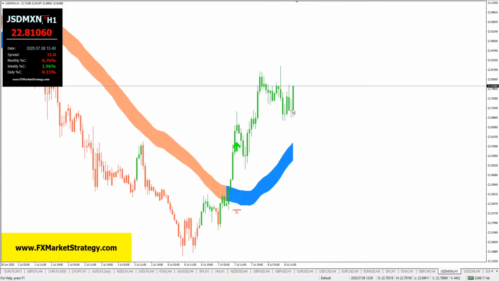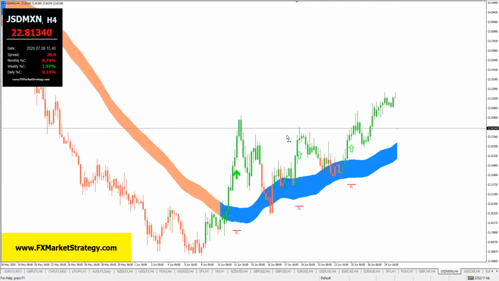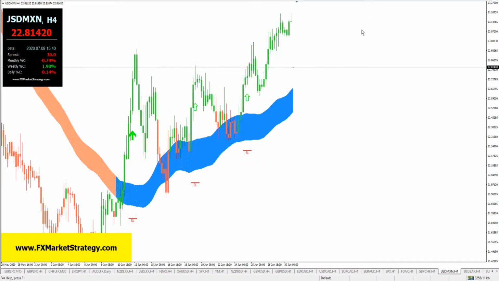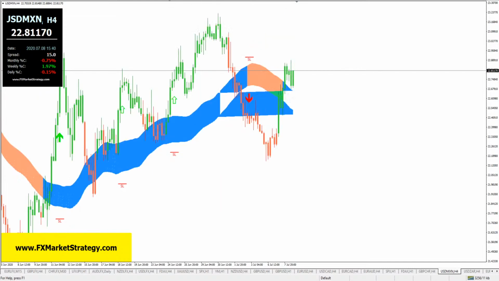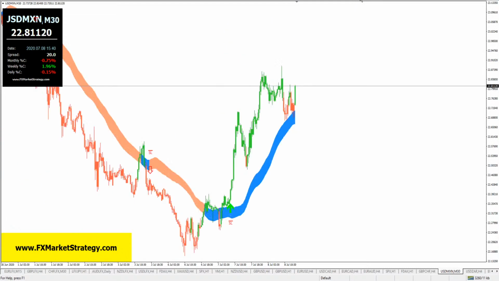You guys, you can see the USD Mexican is doing good here. That was a good signal, reverse from that one here. I will be happy to buy a small amount of this one also. Nothing big, just 0.1 here.